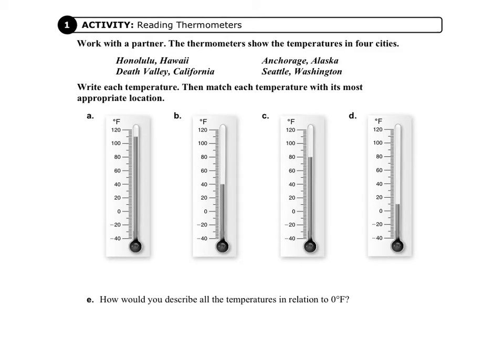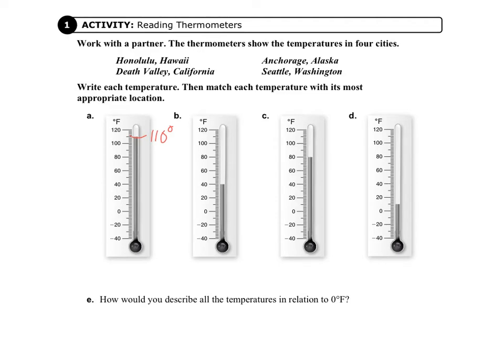So, if we look at the first thermometer in letter A, we can see that it is above 100, but not up to 120. So it's at halfway, which makes it at 110 degrees.